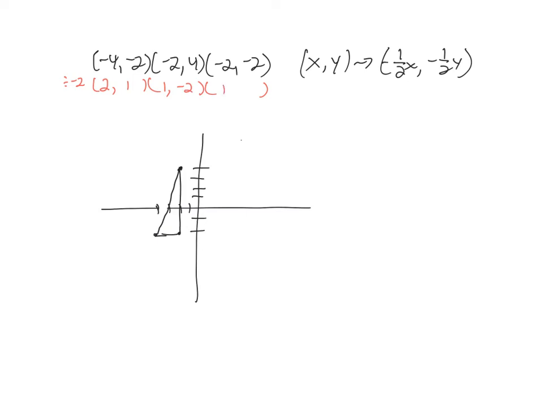So 2, 1; 1, -2; and 1, 1. So it definitely got smaller, but it also rotated.